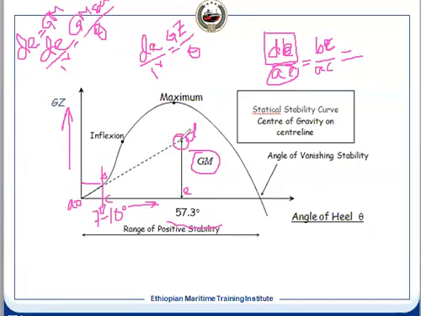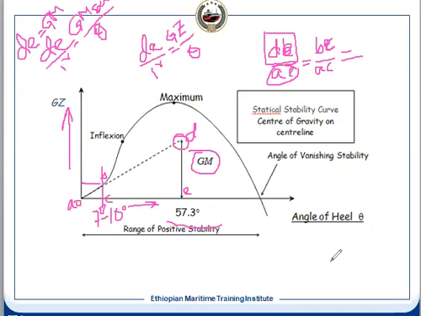That coincides with GM. That's why we calculate the initial GM from the statical stability curve this way.